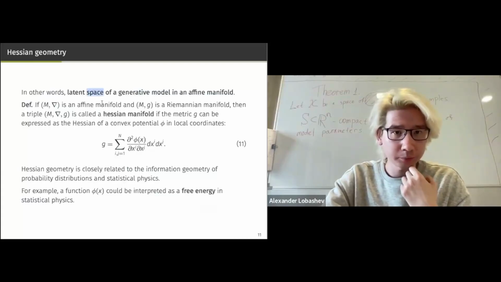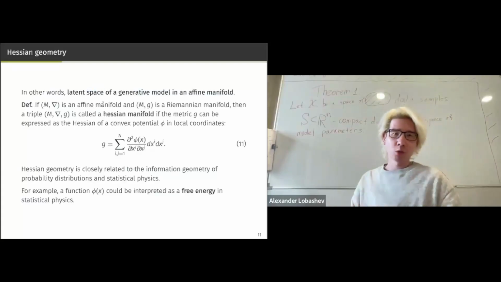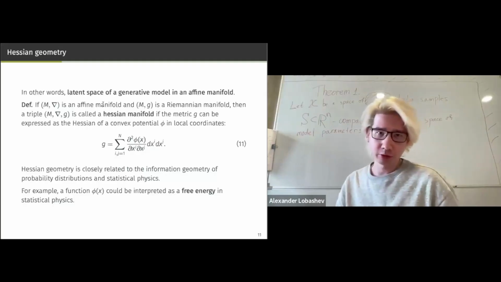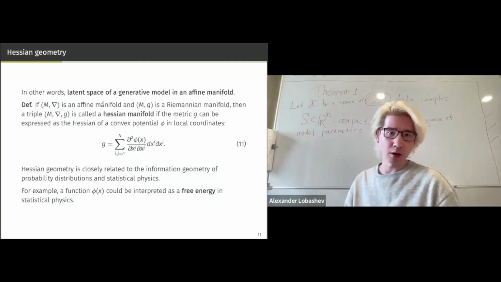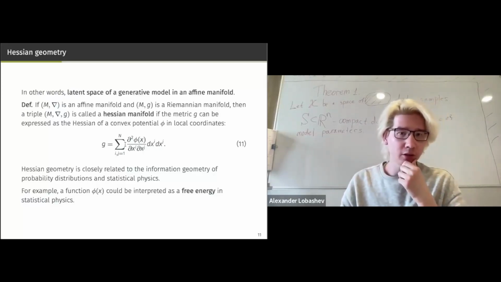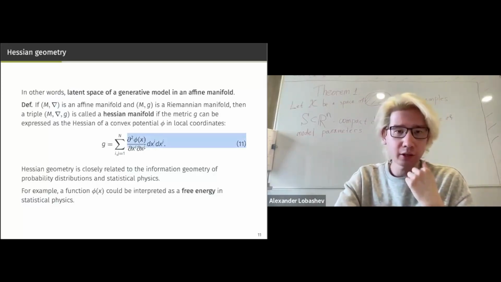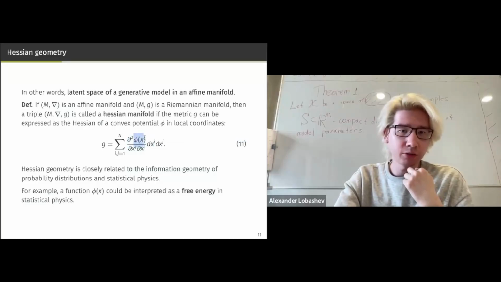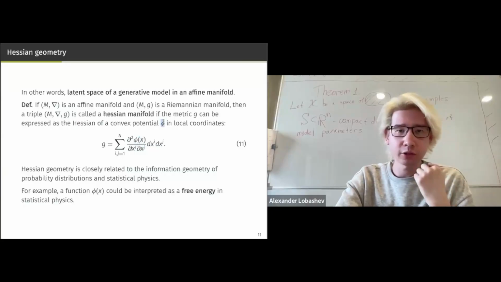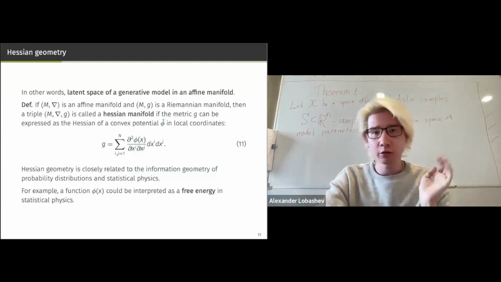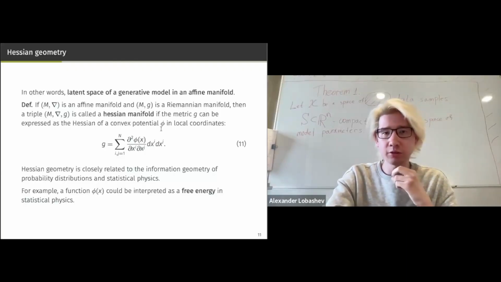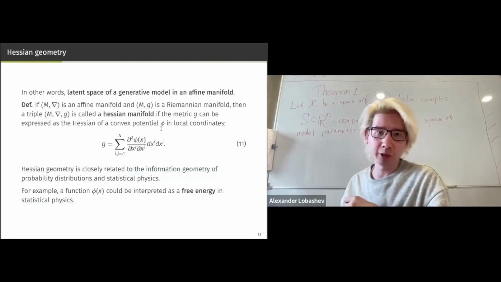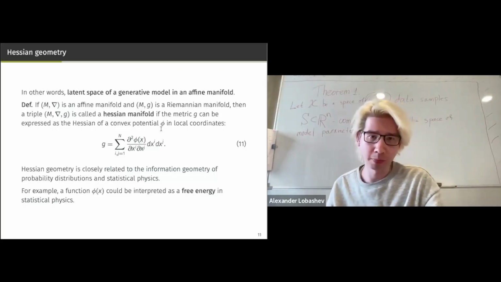Okay, and also, what do we know about affine manifolds? First of all, they have a flat connection. It also means that if we take a second derivative of some scalar function, for example a convex function psi: on a general Riemannian manifold, the Hessian of a convex function is not invariant with respect to coordinate transformations.